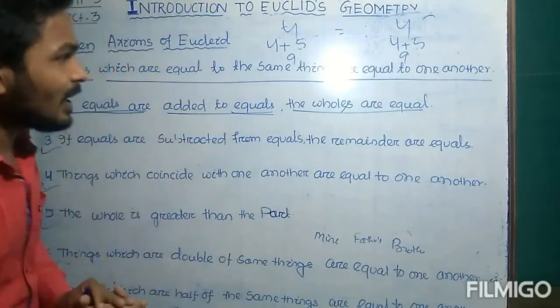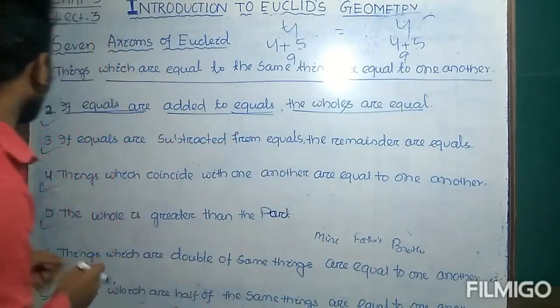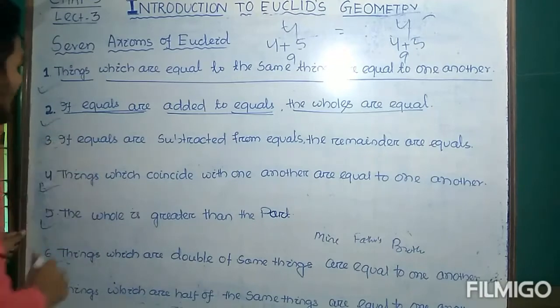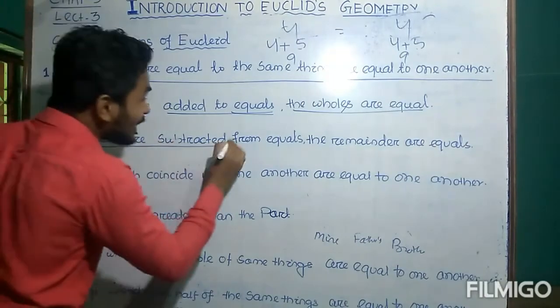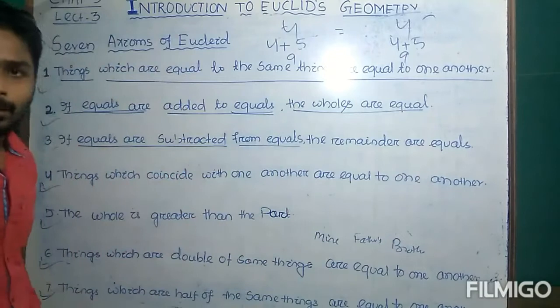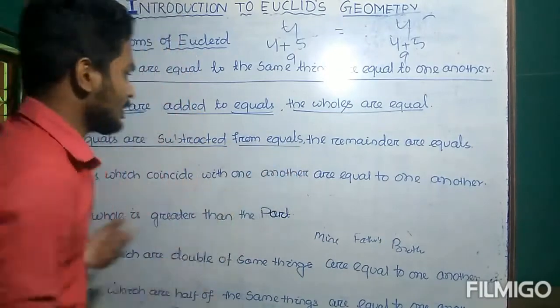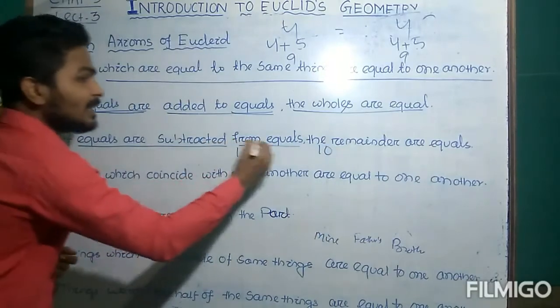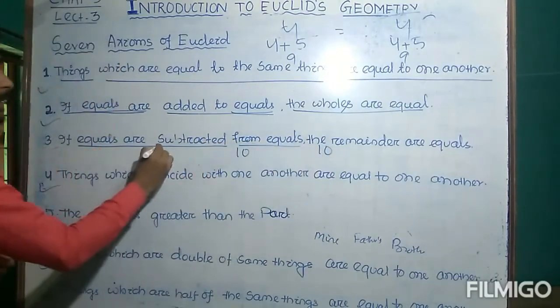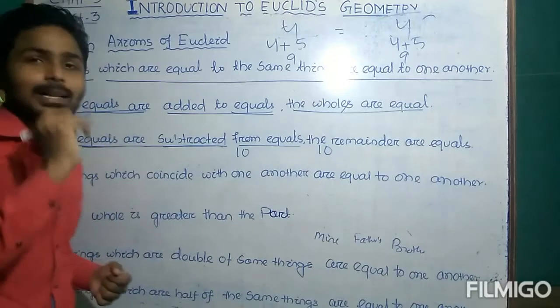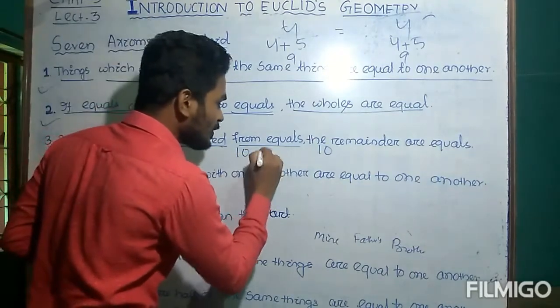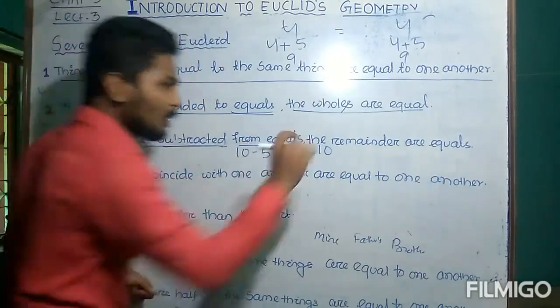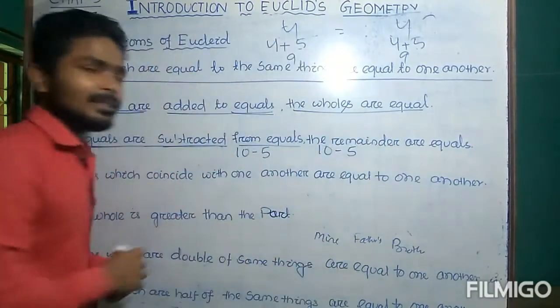Understood? Similarly, coming to the third axiom: if equals are subtracted from equals. Let us take two equals, suppose 10, here also 10. From these two equals, you have to subtract another two equals. Suppose I subtract 5 from 10, here also I subtract 5 from 10.